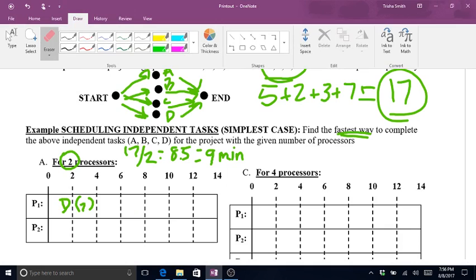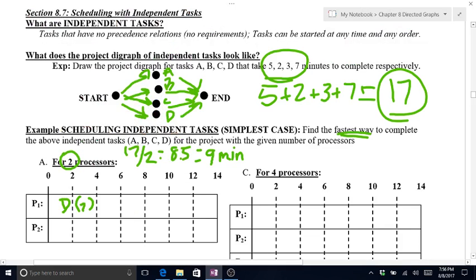D takes 7 minutes. And B takes 2 minutes. So that takes me out to 9. And then I can group together A, which takes 5 minutes, and C, which takes 3 minutes. So that's 8.